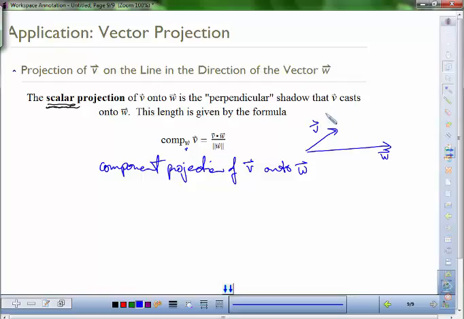And the idea behind a projection is that if you shine a flashlight directly on this vector that's perpendicular to the vector you're projecting onto W, then the shadow that this makes is a length called the component projection.